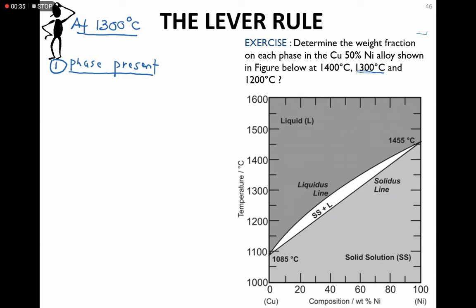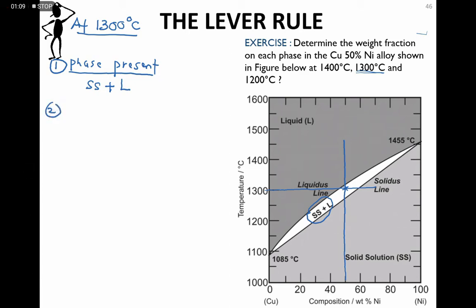Before you find the phase present, please make a straight line at 50% of nickel and temperature 1300 degrees Celsius. So this region is SS plus liquid. SS is a solid and L is a liquid.